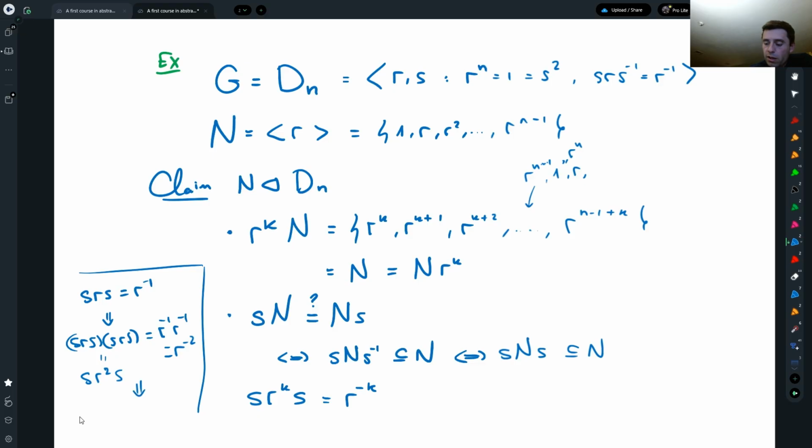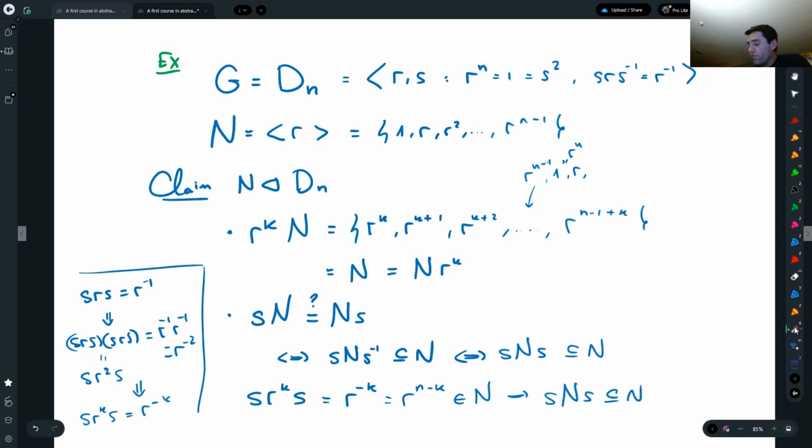And it keeps going: s r to the k s is r to the minus k. But r to the minus k is certainly r to the n minus k, and that is in N. That implies that s N s is contained in N, and we've just seen that this is equivalent, so it works the same way.